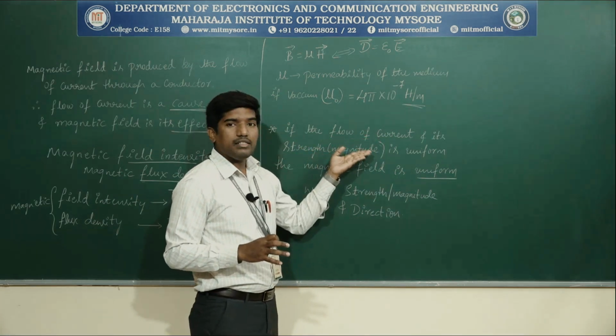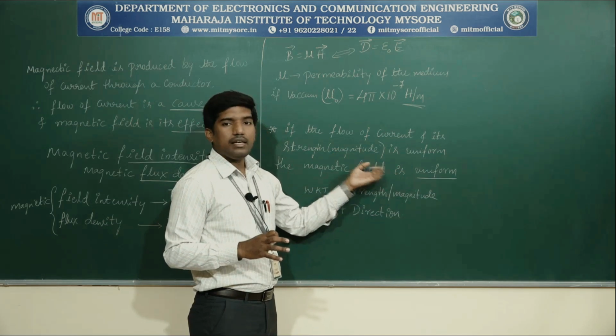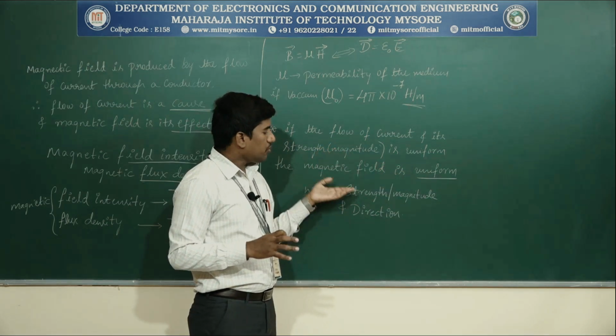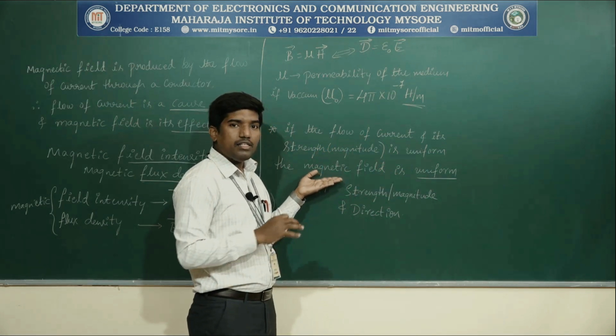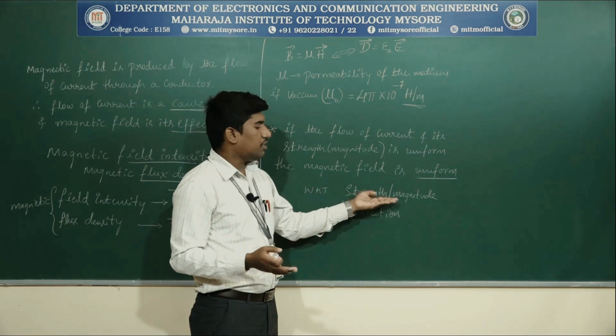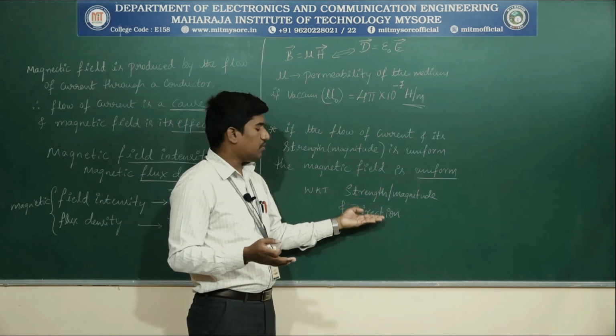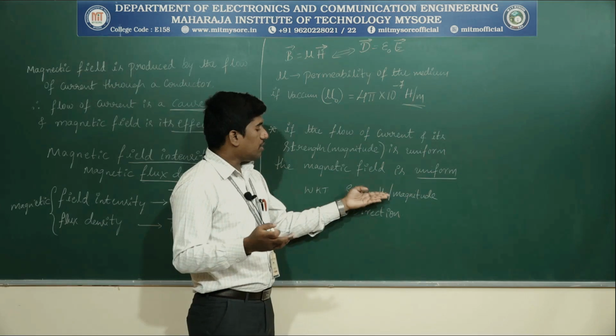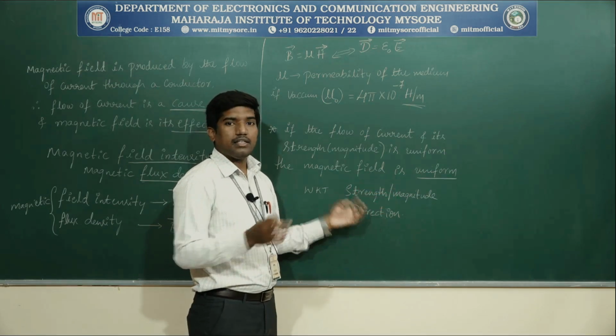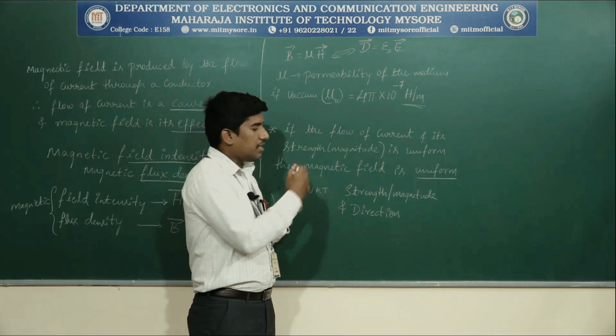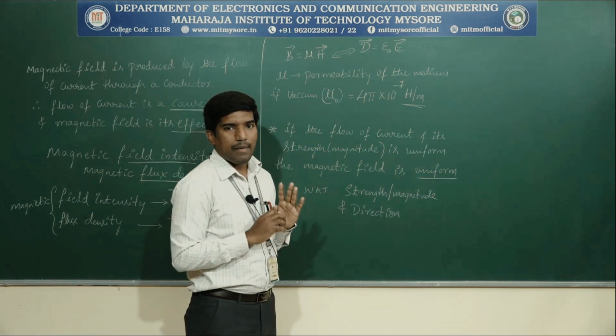Only if the flow of current is uniform can we say uniform magnetic field. Suppose the magnetic field is varying with respect to its magnitude, its direction, or both within a given region, then it is a non-uniform magnetic field.